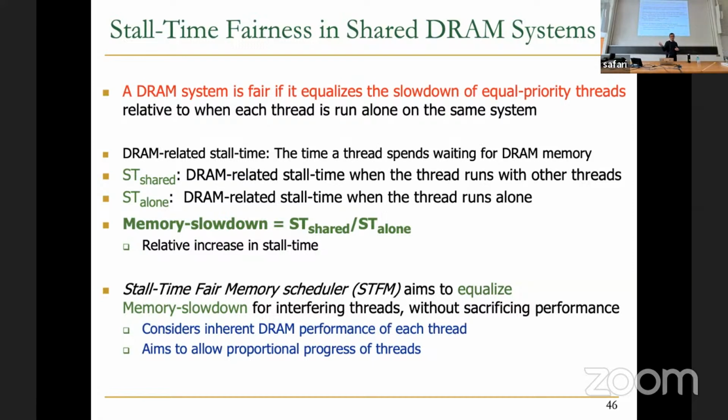For example, if a thread stalls for 10 seconds when it's running alone, and another thread stalls for 1 second, clearly the thread that stalls for 1 second has inherently high performance. That's the assumption. It's not bottlenecked by memory. You want to slow both of them by, let's say, 2x. That means the thread that is stalled for 10 seconds when it's running alone should be stalled by about 20 seconds when it's running together.